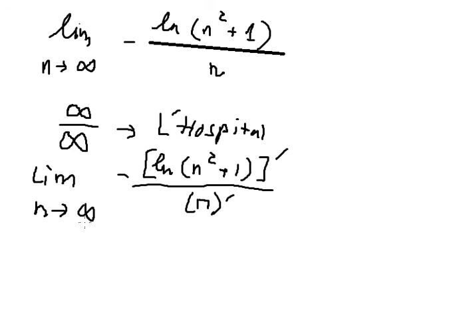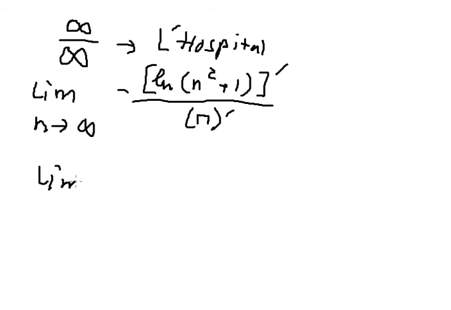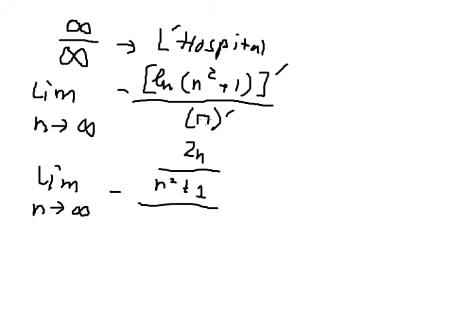So for this one, you get n over n squared plus 1 after we take the first derivative of this one in here. The first derivative of n, you get 1. Now we can simplify and we just write like this.